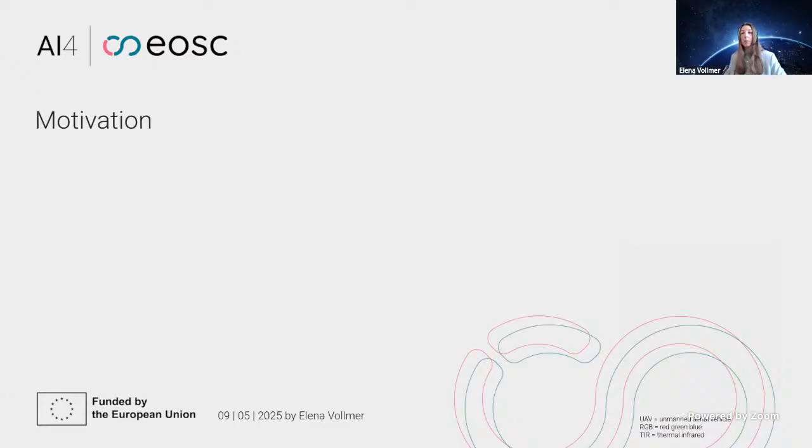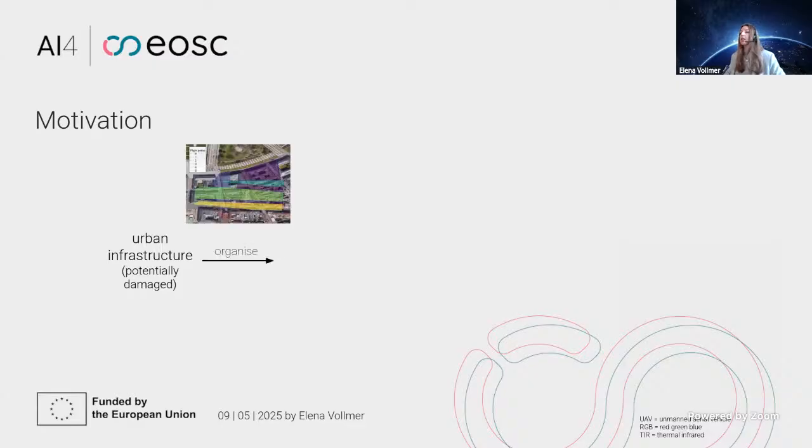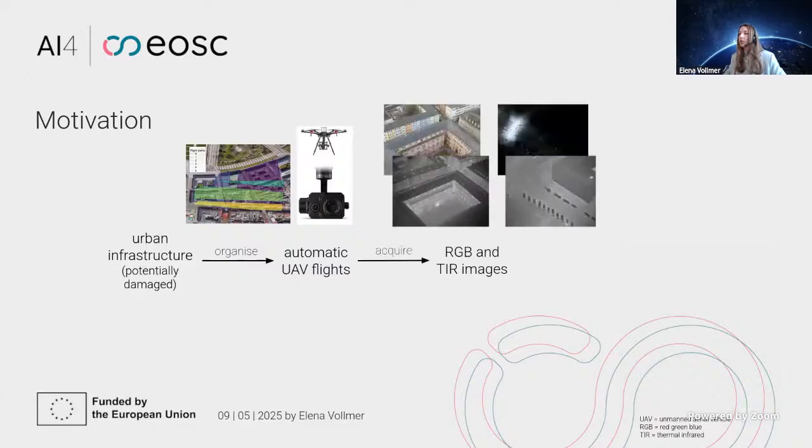So how can we implement this? Well, we have some kind of urban infrastructure that might be damaged. We organize these abbreviated UAV flights to acquire all manner of imagery. So this includes our standard red, green, blue, as we call it, imagery that your standard phones can capture as well, and also our thermal imagery. As you can see, the bottom 2 images in grayscale format.